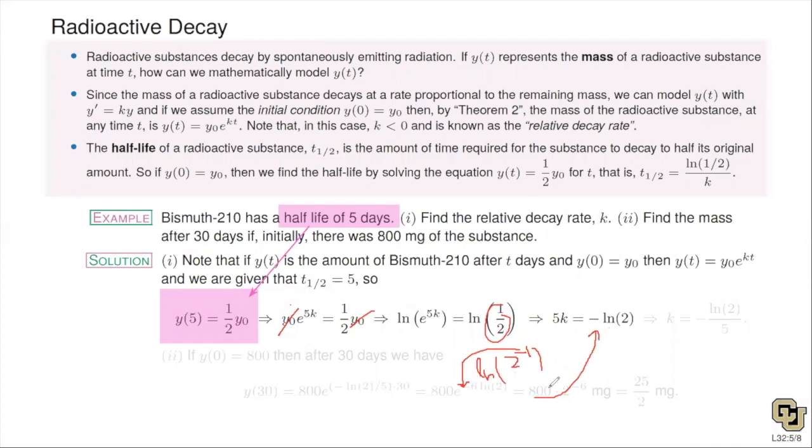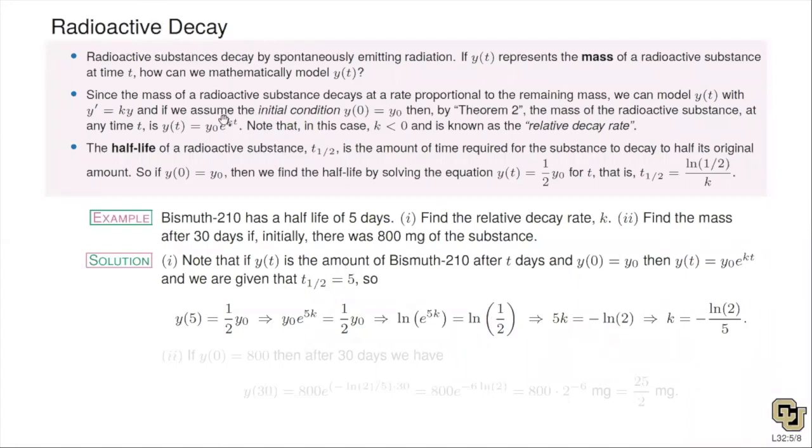So I write 5K equals negative ln of 2. So finally solve for K. I get K is negative ln of 2 over 5. I know ln of 2 is positive. I know 5 is positive. So I know the quotient here is going to be negative, as I expected, because this is the decay rate.